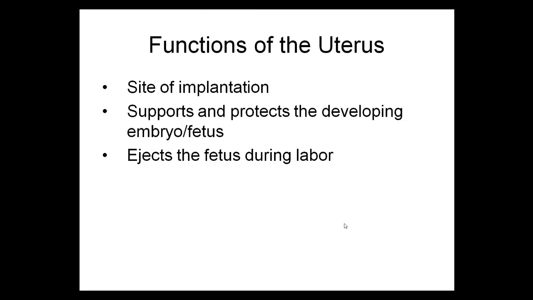Okay, so what does the uterus do? It's the site for implantation, not fertilization. The fertilization will happen at the fallopian tubes, or uterine tubes. Sometimes the fertilized egg will fail to migrate from the fallopian tubes into the uterus and instead will get implanted in the fallopian tube.